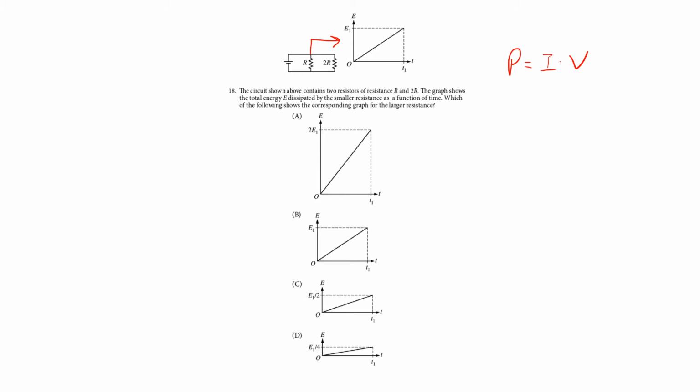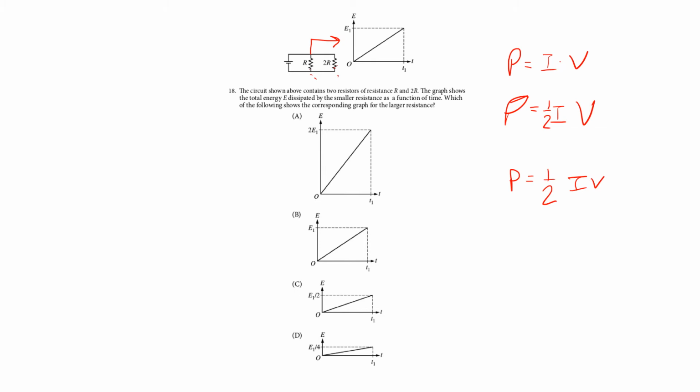Well, we also know the V is going to be the same because these are in parallel. So they have the same V. So the V is not going to change. But if this one has twice as much resistance, it's going to have half the current. So it's going to have half of that. So the power is going to be 1/2 of the other guy.